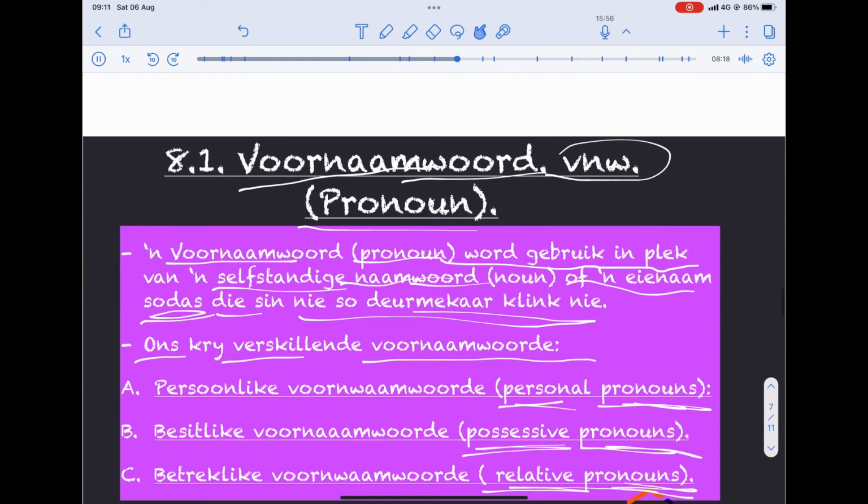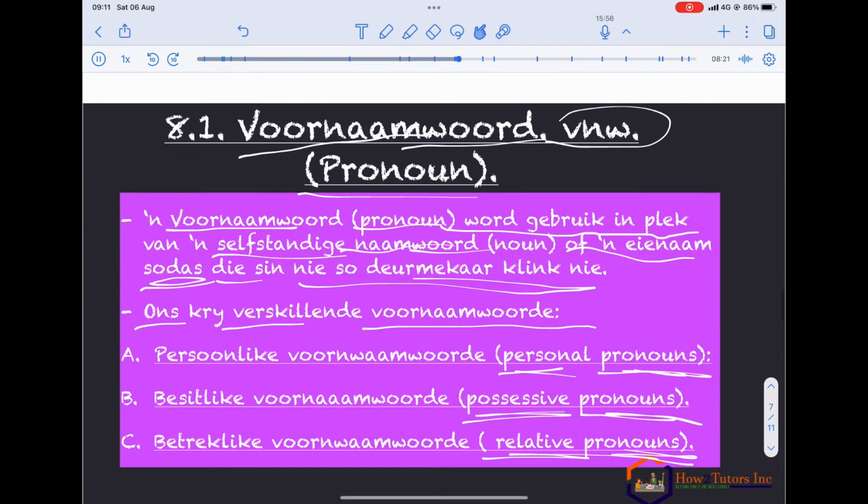Nommer 8, voornaamwoord, our pronoun. Die afkorting, the abbreviation, is VNW met 'n punt. 'n Voornaamwoord, a pronoun, word gebruik in plek van 'n selfstandige naamwoord of 'n eie naam. A pronoun is used in place of a noun or a proper noun, so that die sin nie so deurmekaar klink nie, so the sentence doesn't sound so messy and confusing.